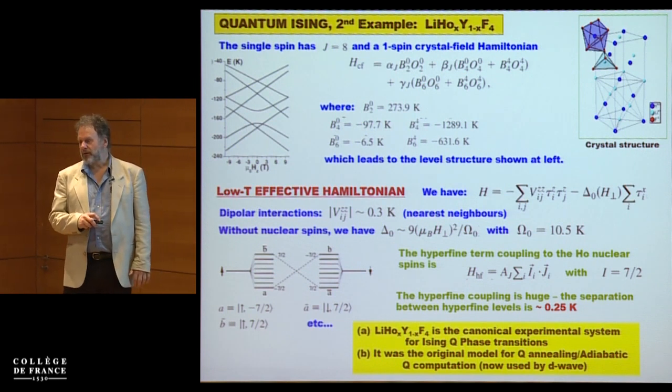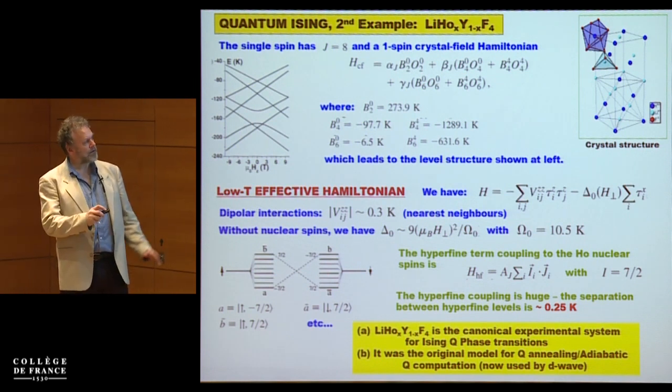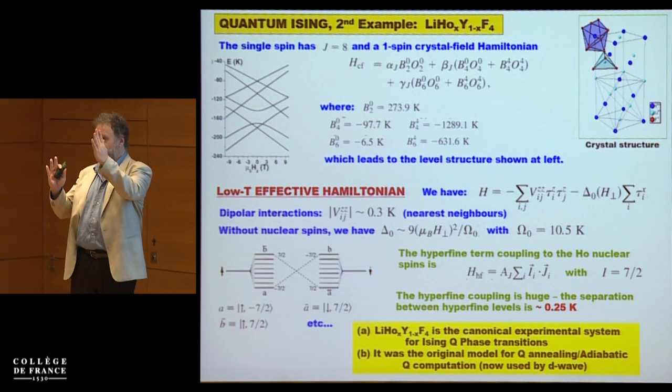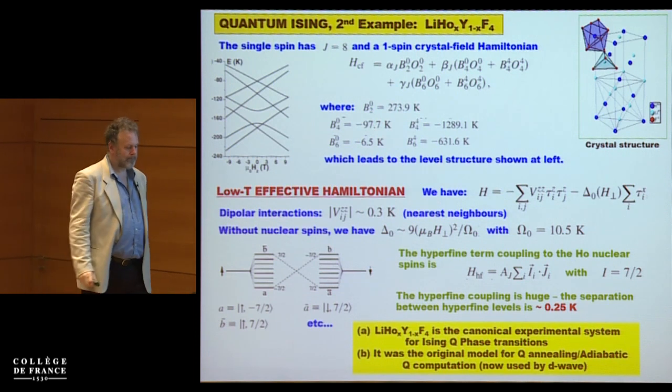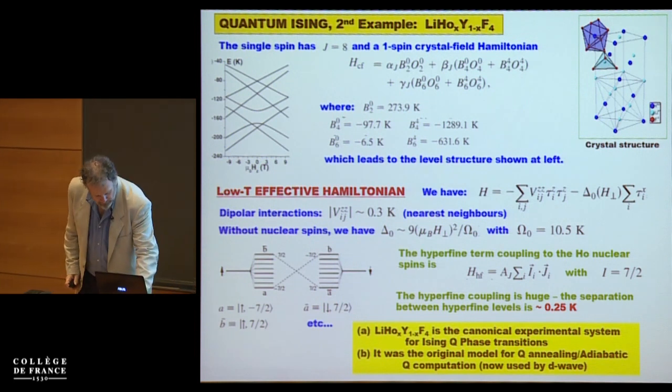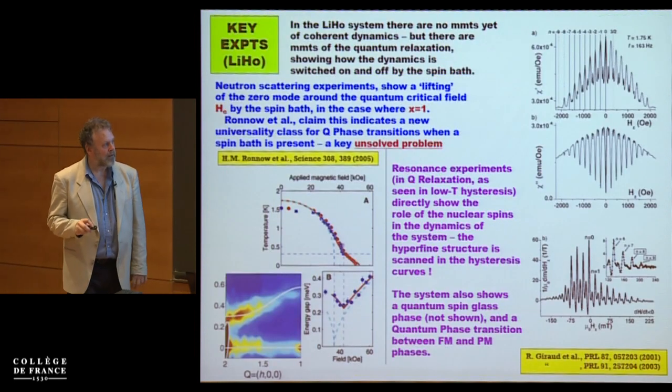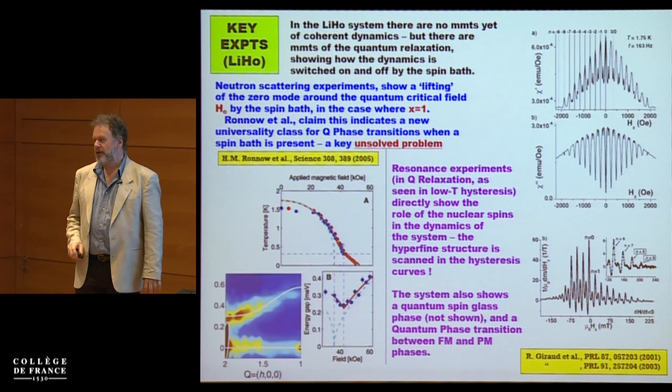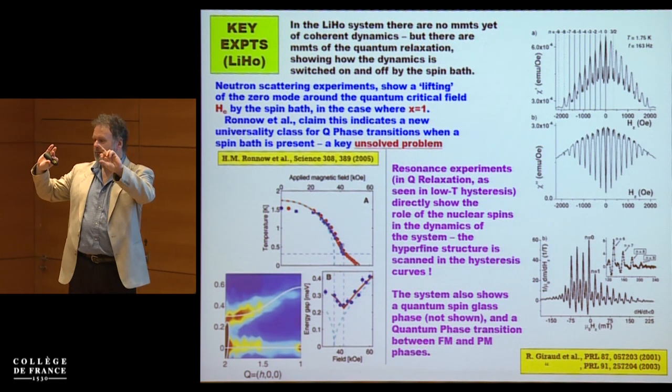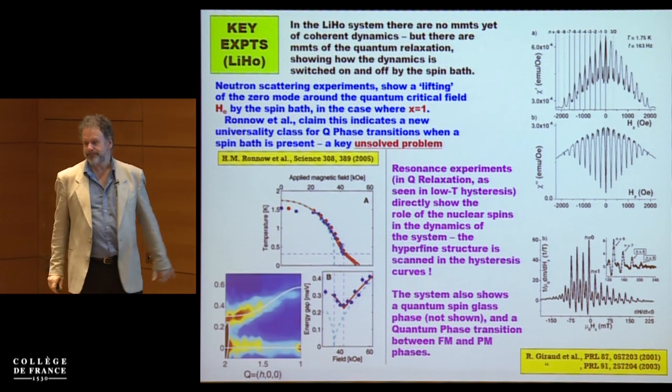So what they do is they work at finite temperature and they simply scan the longitudinal field, which simply moves these two with respect to each other. And so that's what they saw in the measurements. And they did this both for concentrated and dilute so that they could look at pairwise processes over long ranges.